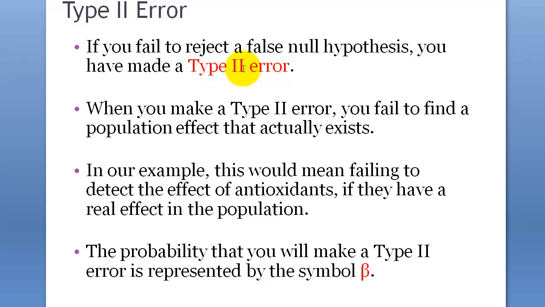Oh wait, keeping the null hypothesis, type 2 error is for keeping the null hypothesis. So type 2 error is actually safer. Type 2 error is keeping the null hypothesis: no effect, so we're not going to do anything.